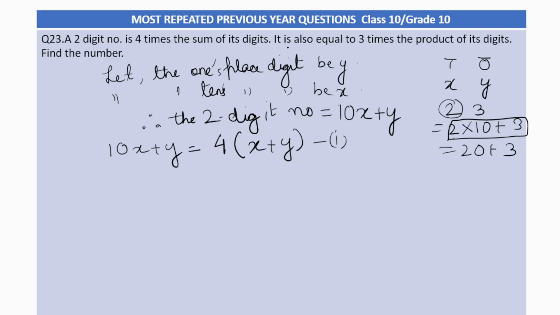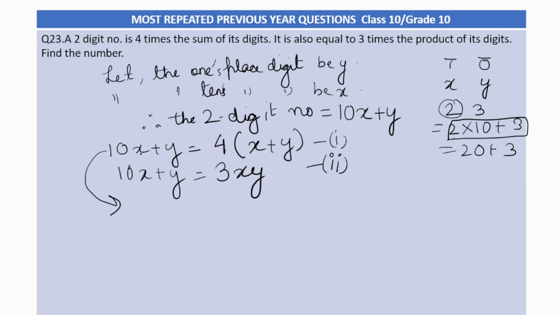The next statement says it is also equal to 3 times the product of its digits. Means this number 10x plus y is 3 times the product of its digits. That means 10x plus y is equal to 3xy. Alright, these are the two equations. Now let's simplify this one. Here 10x, x and y are here and x and y here are also there.